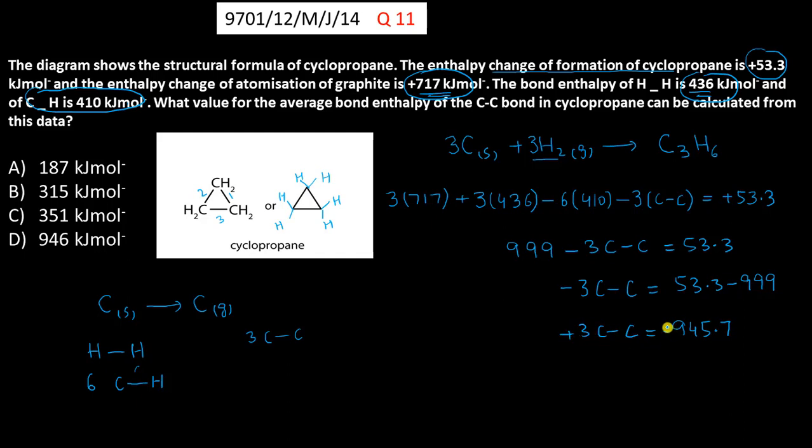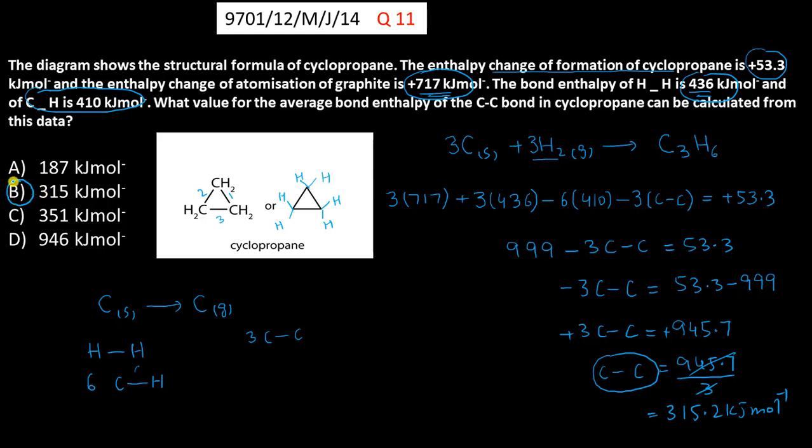This negative sign will be cancelled. So for 1 carbon to carbon bond, that energy would be 945.7 divided by 3, and you will get 315.2 kilojoule per mole. So the average bond enthalpy for 1 mole of carbon to carbon bond is 315.